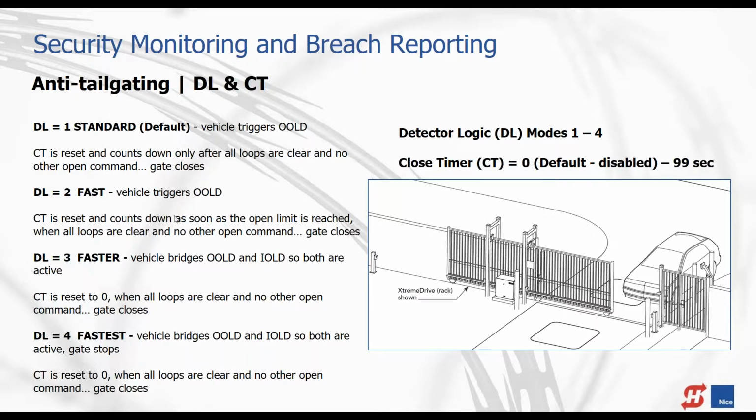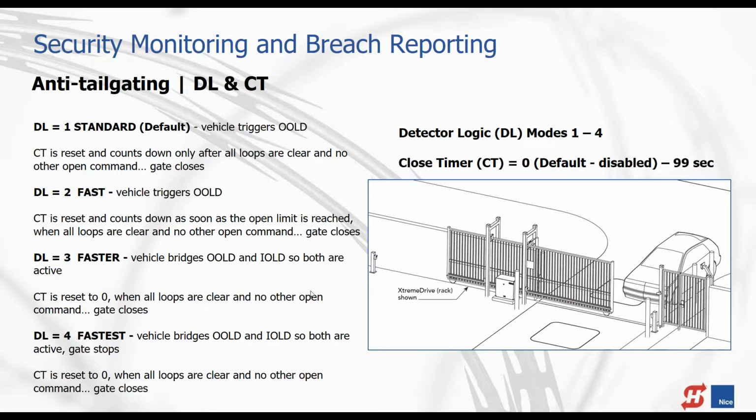DL2, the second mode, DL equals 2: as soon as the gate hits its open limit, the close timer starts counting down. So it's not waiting for the car to clear the loops; it counts down once the gate is on that open limit, right? So that's a little bit faster. So you can see there's the standard DL1, DL2 is fast, and DL3 is faster because now once the car bridges the outside and the inside obstruction loops, the close timer is reset to 0, and when all those loops are clear, then the gate closes.